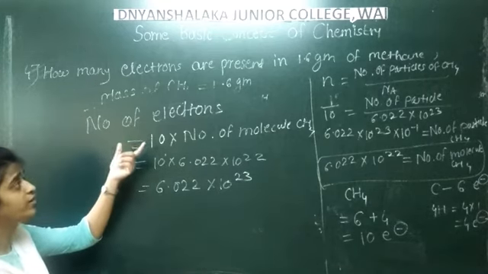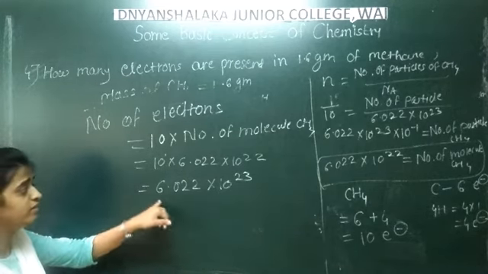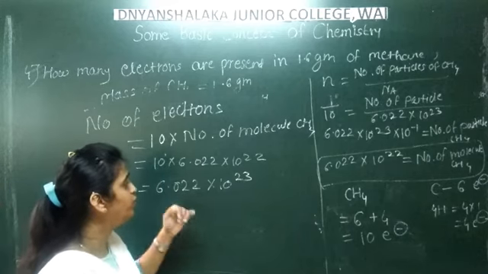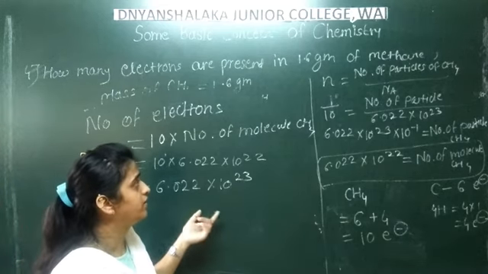So the number of electrons present in the CH4 molecules is 6.022 into 10 raised to 23.